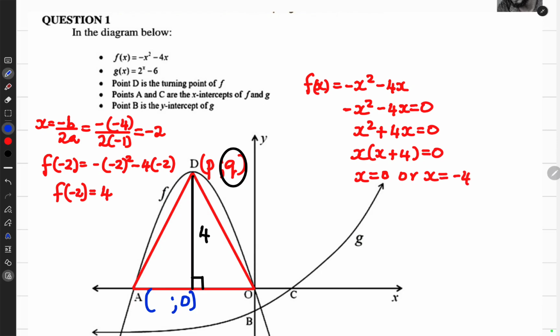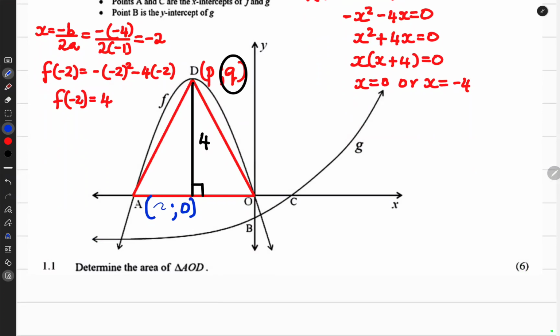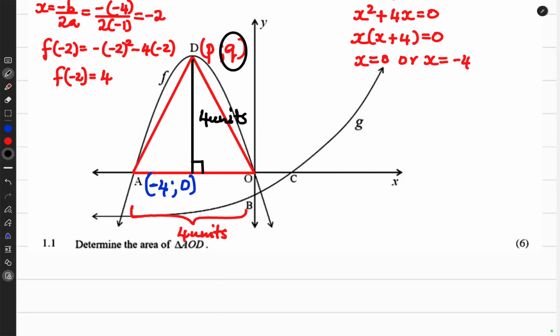So that negative 4 is the x value at A, meaning that the length of AO will be 4 units, whilst the length of the height will be 4 units. Of this, then the area will be half base times height.